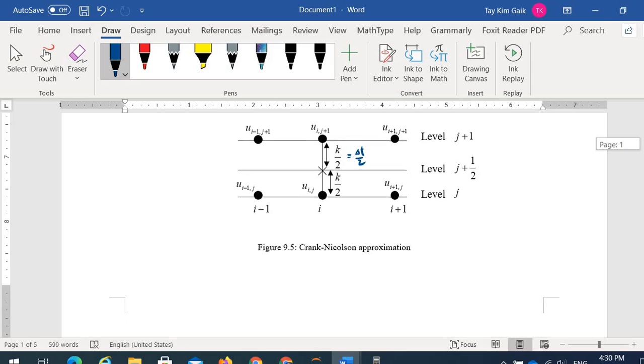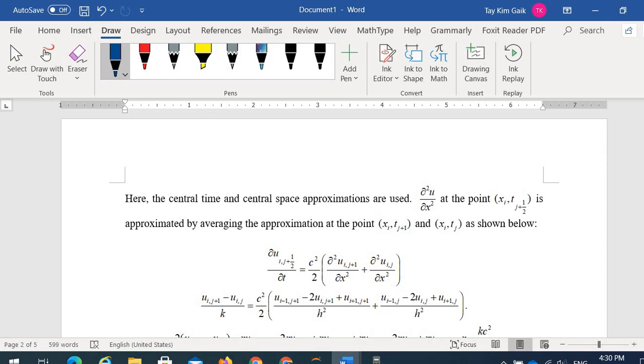That's why we have c squared over 2, because we average these two. So ∂²U at the point (xi, tj+1/2), differentiated with respect to x, is the average of the approximation at (xi, tj+1) and at (xi, tj).